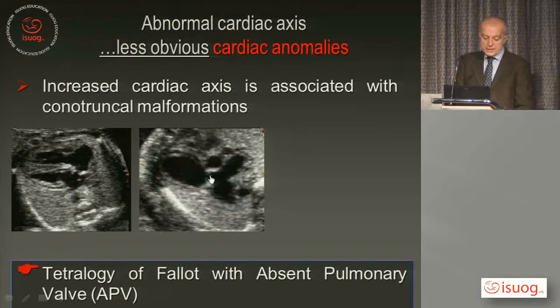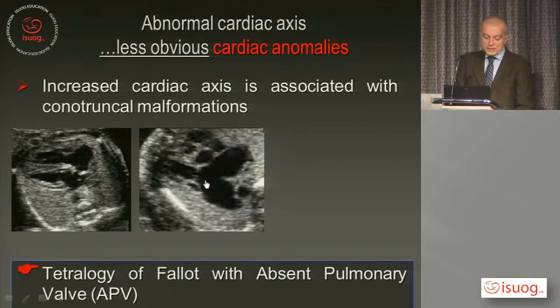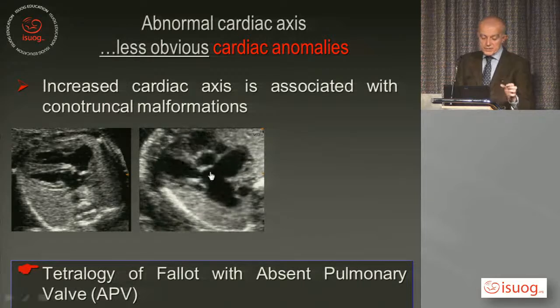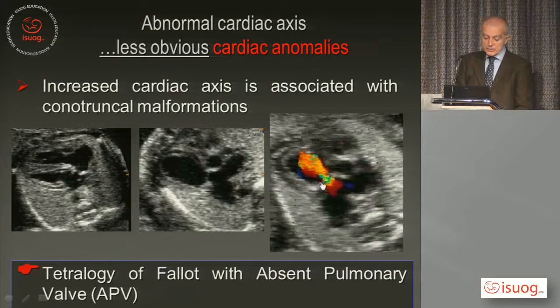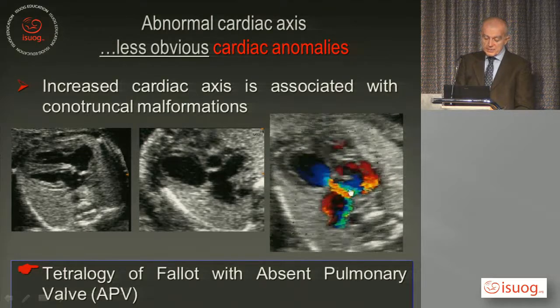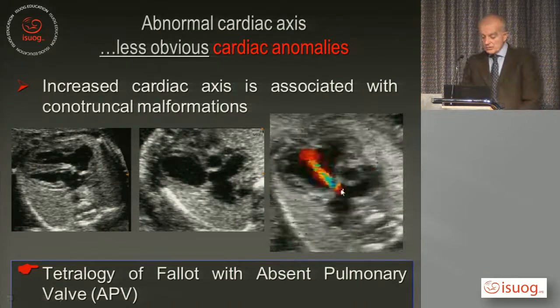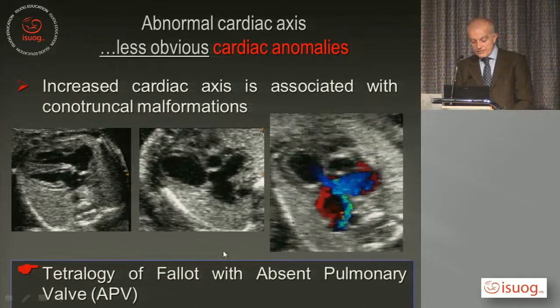You see that the pulmonary valve does not exist as such. It's just transformed into a fibrous annulus, which is responsible for severe stenosis and regurgitation at the same time. You see the severe insufficiency of the fibrous annulus of the pulmonary valve, and at the same time severe stenosis with the blood flow jet circling around the two branches of the pulmonary artery.